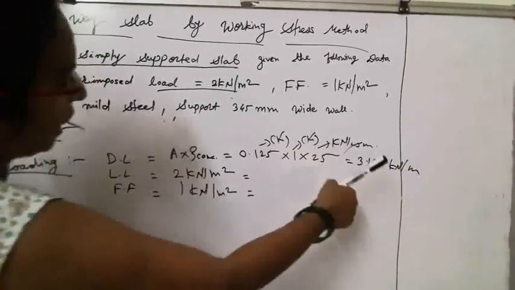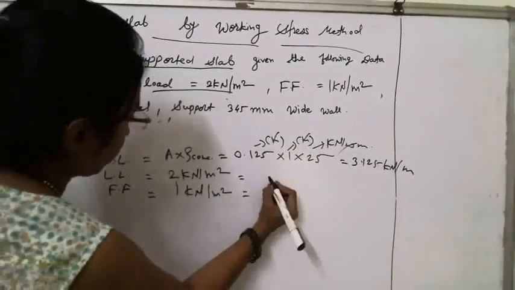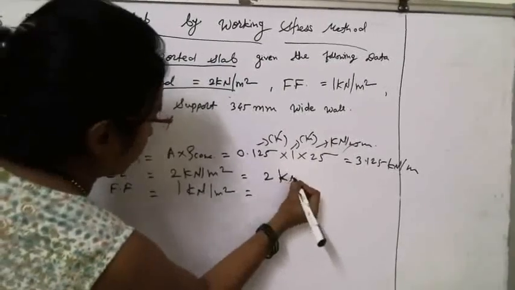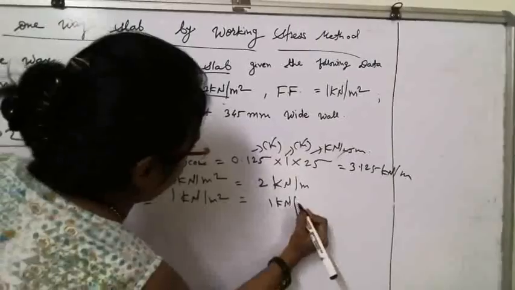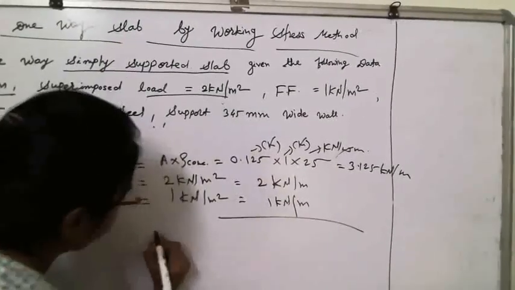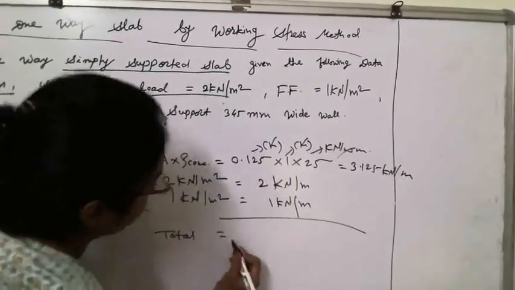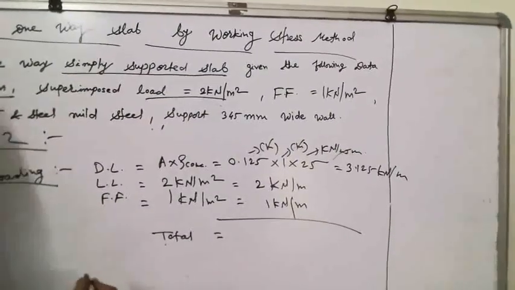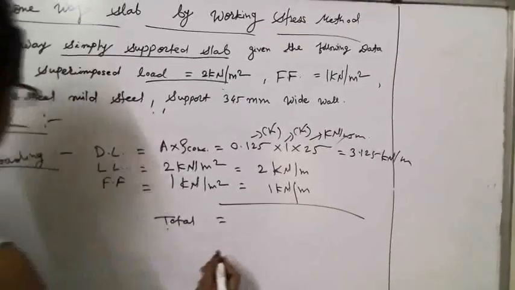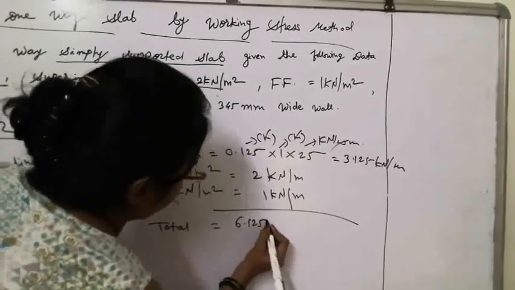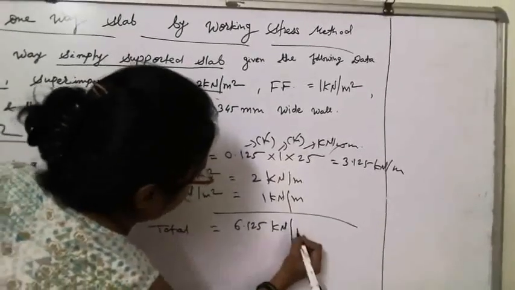So we can get the value in kilonewton per meter. It comes to 2 kilonewton per meter and 1 kilonewton per meter. Add these, the total of dead load, live load and floor finish, and we get 6.125 kilonewton per meter.